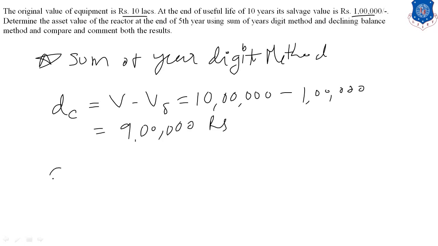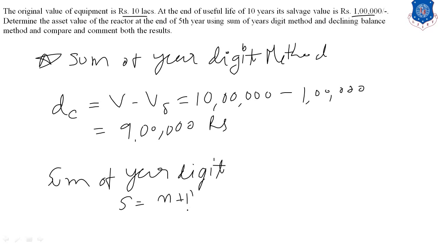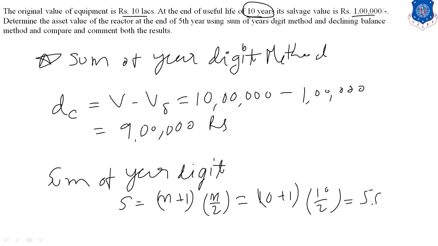Now let's find out the sum of the year digit, represented by capital S, which can be given by the equation n plus 1 multiplied by n upon 2. Basically in this we are going to add all the years of service life. Calculating by this equation we get 10 plus 1 multiplied by 10 by 2, which is equal to 55.